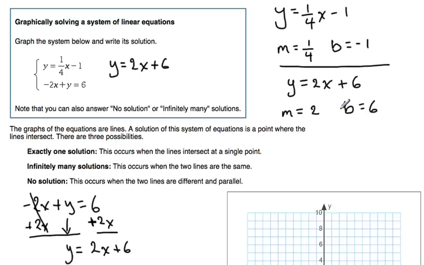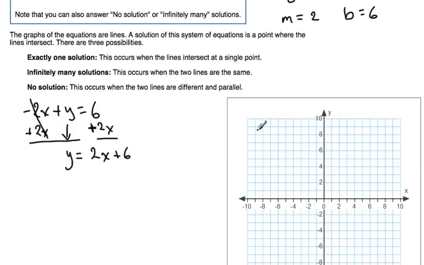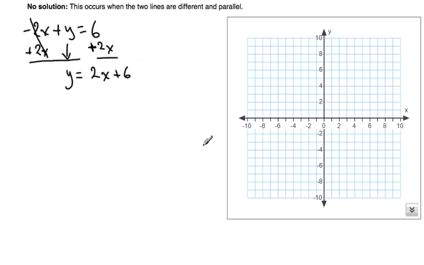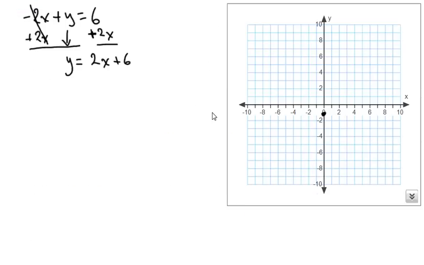Let's go ahead and graph those two, and our graph is located here at the bottom. First, the 1/4 x minus 1. Let's graph the y-intercept, which will be here. Negative 1 is the y-intercept, and the slope is 1/4.